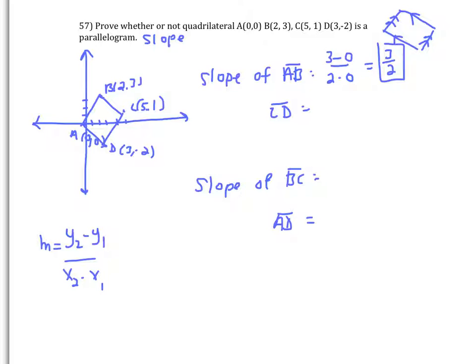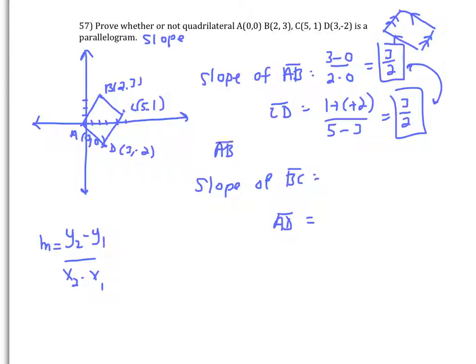The slope for CD, we'll do 1 minus a negative 2, which turns into 1 plus 2, which is 3. And then we're going to divide that by 5 minus 3, which is 2. Okay, same slope here, so that means that indeed AB is parallel to CD. So far we've got a trapezoid because we have at least one pair of parallel sides.